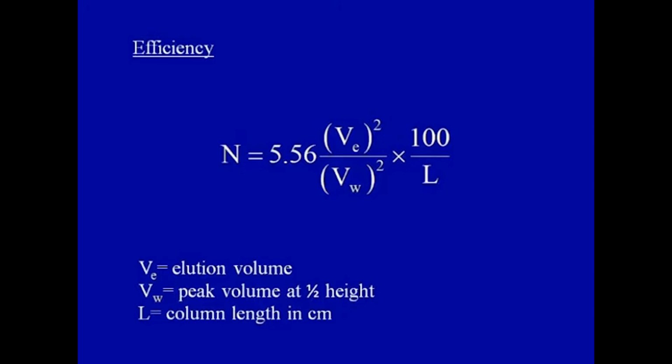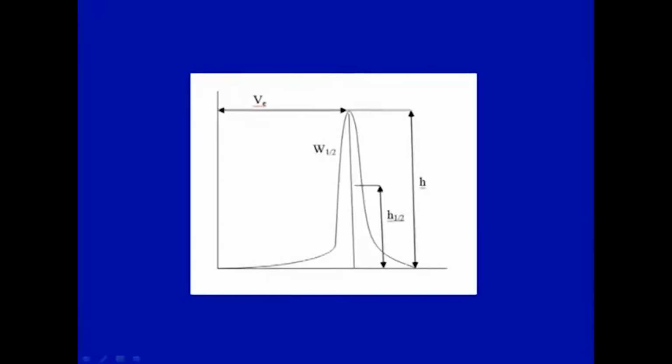This equation could be utilized for calculating the theoretical plates, where V is the elution volume, Vw is the peak width at half the height of the peak, and L is the column length. So, you can calculate the theoretical plates.